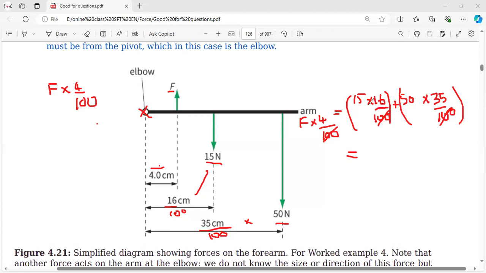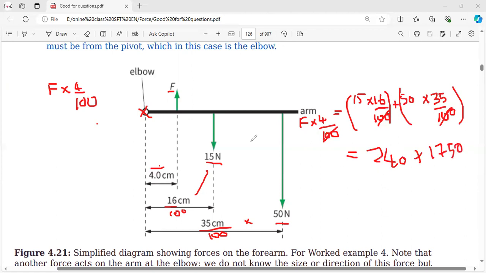What is 15 multiplied by 16 really? It is 240, right? Then 15 multiplied by 35, 1750.